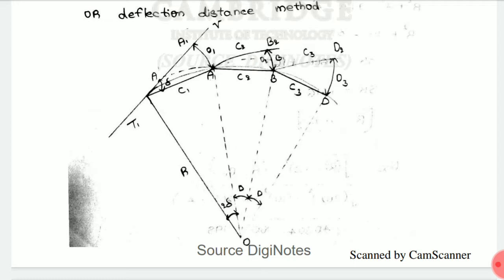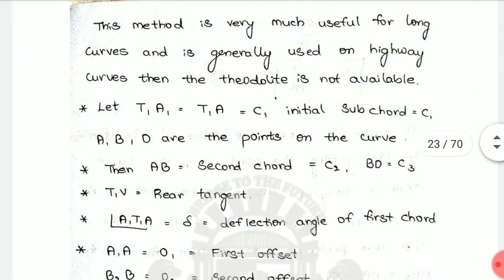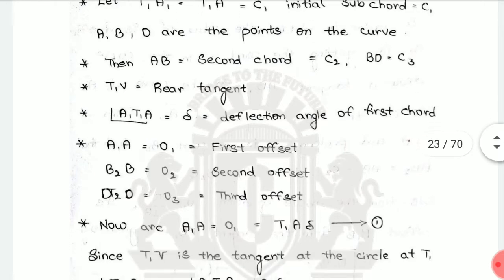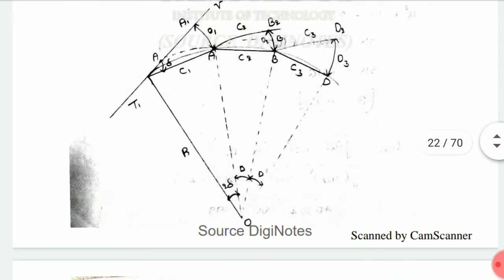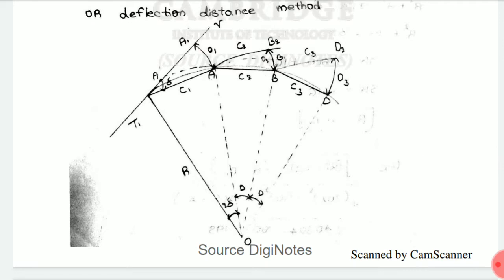Check it here, A1 T1A, that is delta. A1A is O1, the first offset. From B to B2, I am indicating it as O2, the second offset. And from D to D2 the third offset. So I will draw the offsets from every interval chord and I will join them to get the curve.